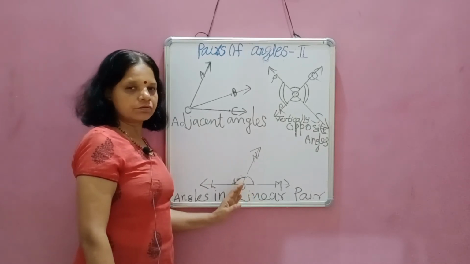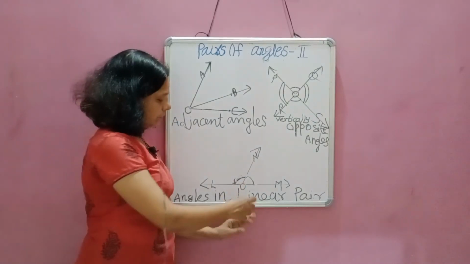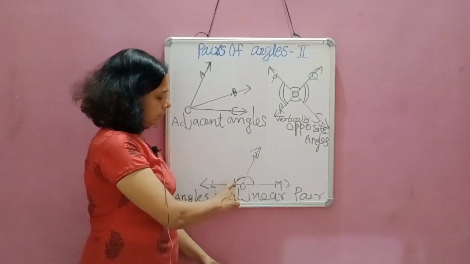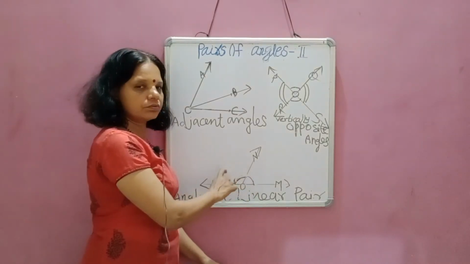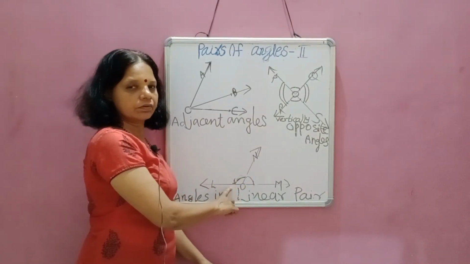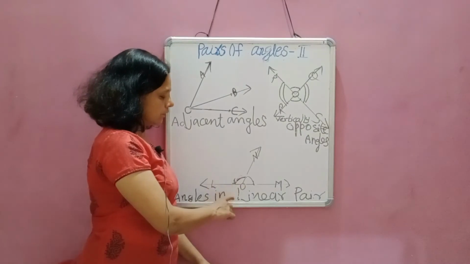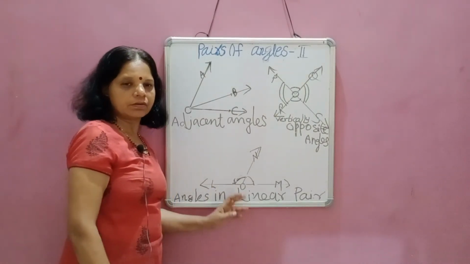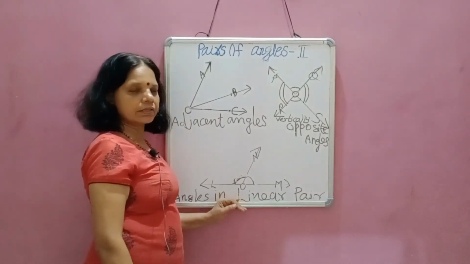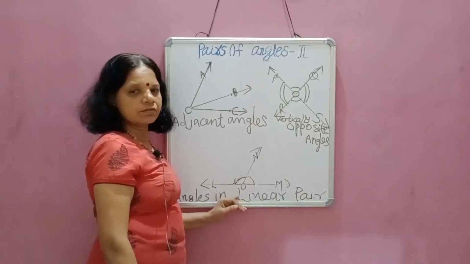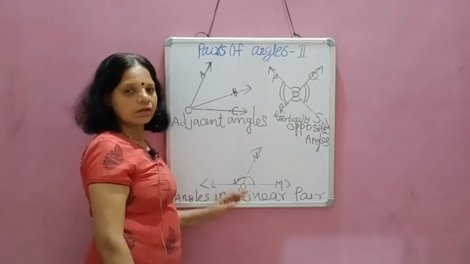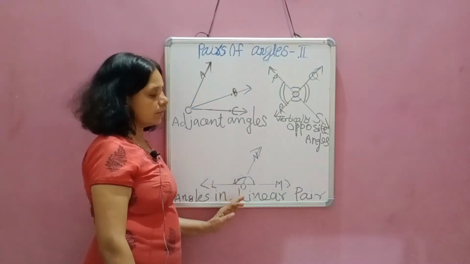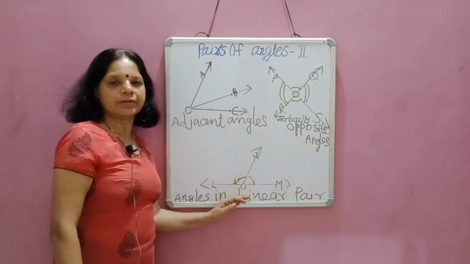Clear? Understood how the sum is 180? Together, it will start from 0 and go to 180 degrees. So that is the very important property of angles in linear pair. The sum of the measures of two angles in a linear pair is 180 degrees. In other words, angles in linear pair are supplementary.